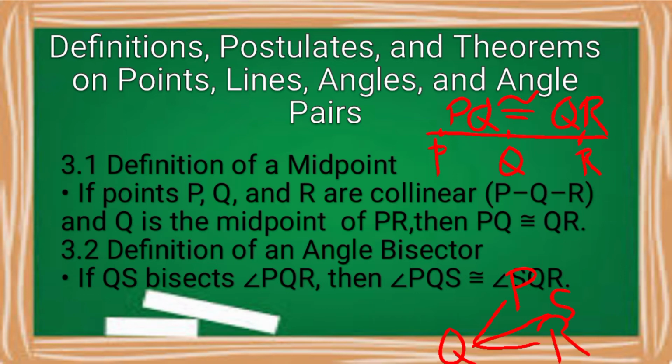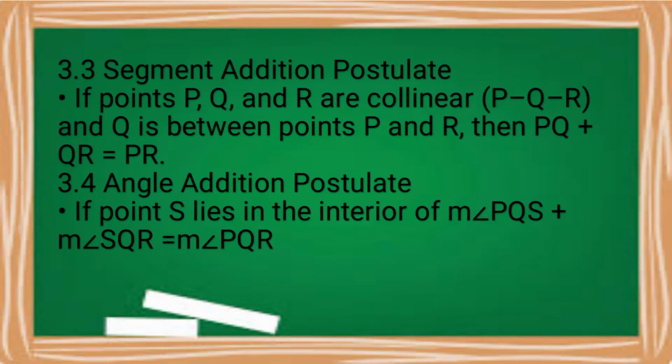Okay, next, the segment addition postulate. If P, Q, and R are collinear, or in the same line, and Q is between points P and R, then PQ plus QR is equal to PR. So that's it.